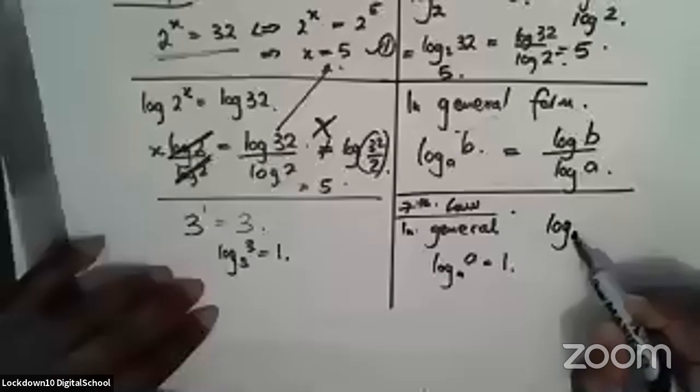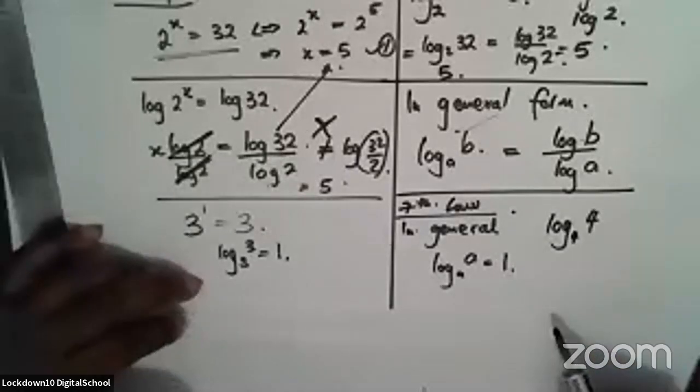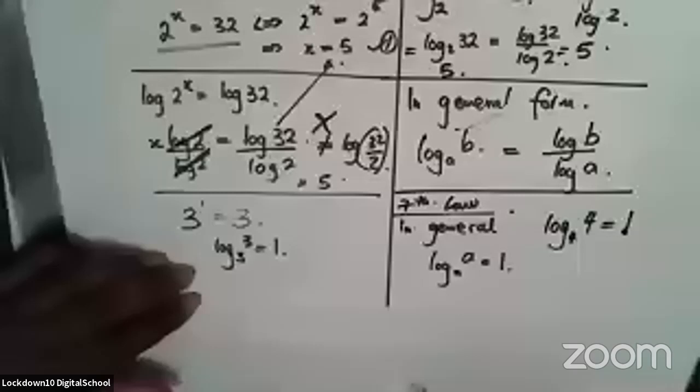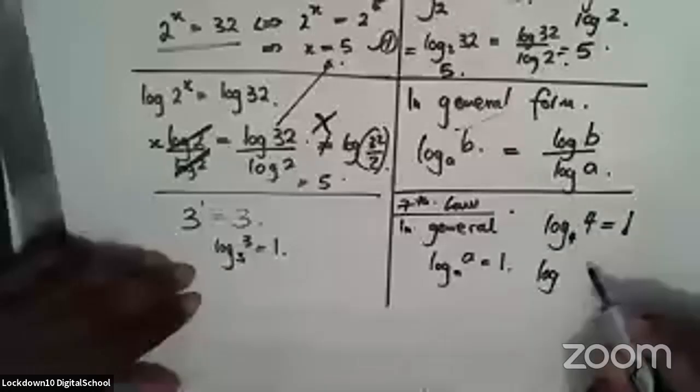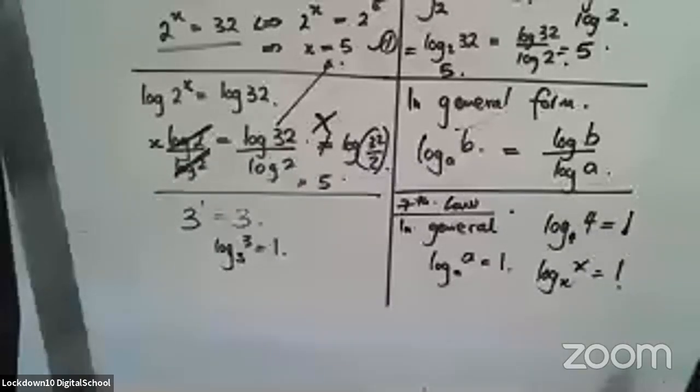If I say what is log 4 to base 4, you must be able to say it is equal to 1 quickly without any problems. If I say log x to base x, it is equal to 1. So basically, a log of a number to its base is equal to 1.